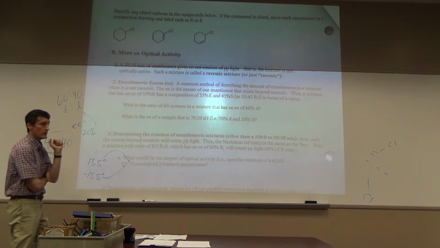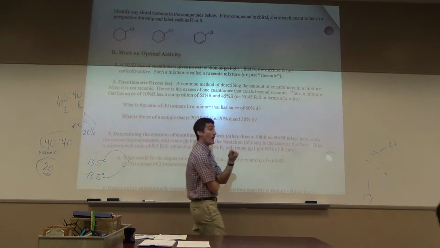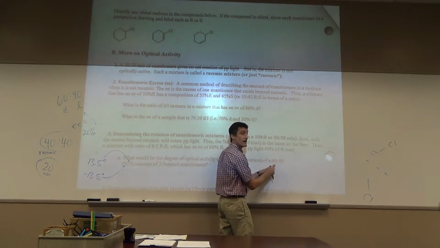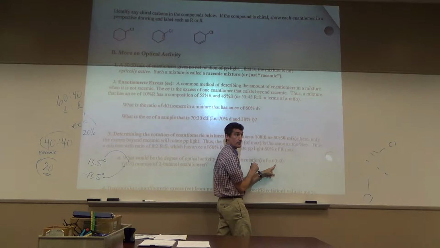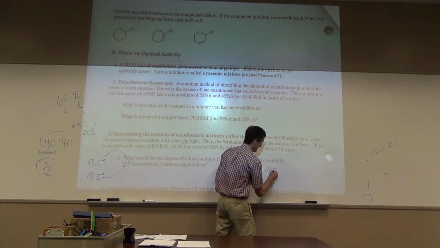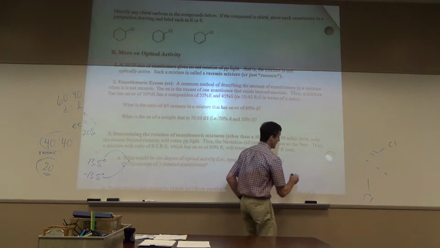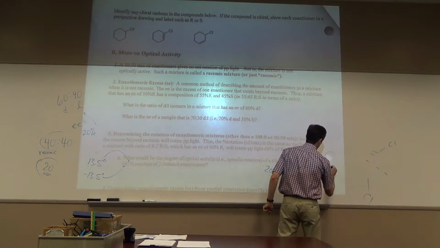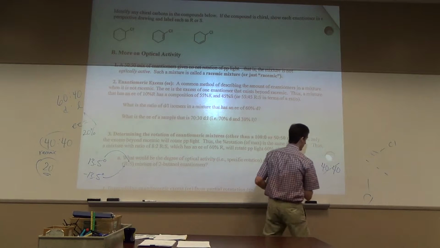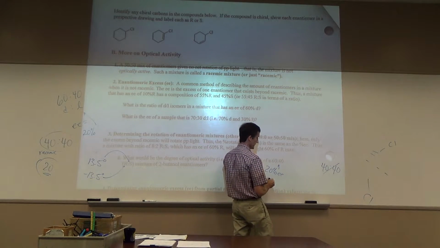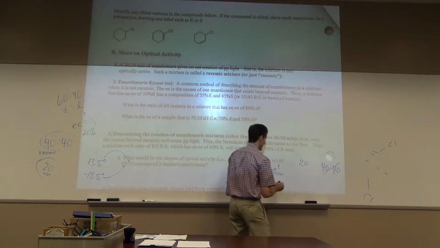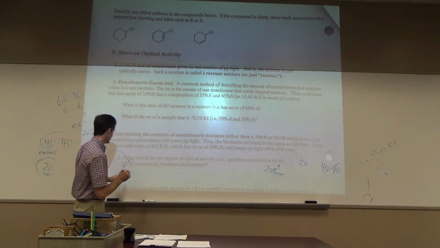Well, here's how you do it. First off, what's the EE? 20% EE, right? Now, that means 40 cancels 40, and what are you left with? 20. Of which one? Which one's the major one?